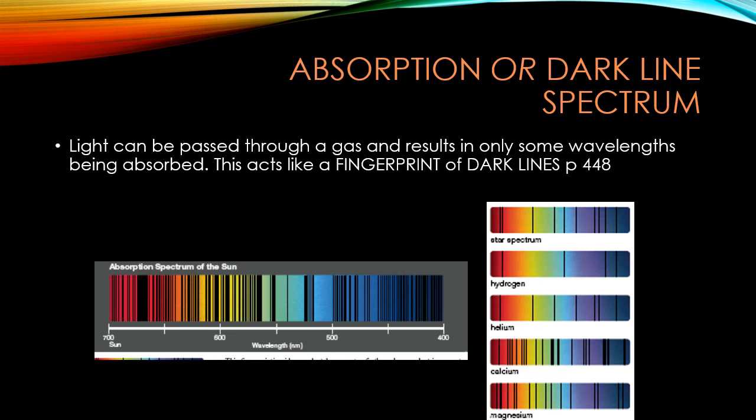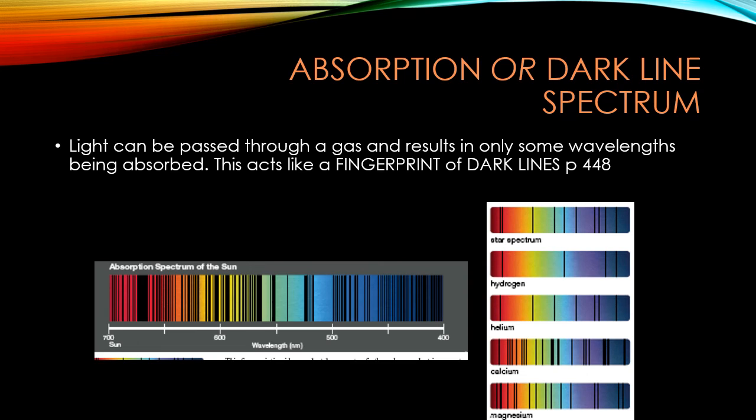When we look at singular elements, it's easy to see, okay, hydrogen looks like this, neon looks like this. But now we can look at the spectrum of the sun, and you see that image below, and you can see all these bright lines and you can see the dark lines there, and you see the absorption pattern. So this is that dark line.